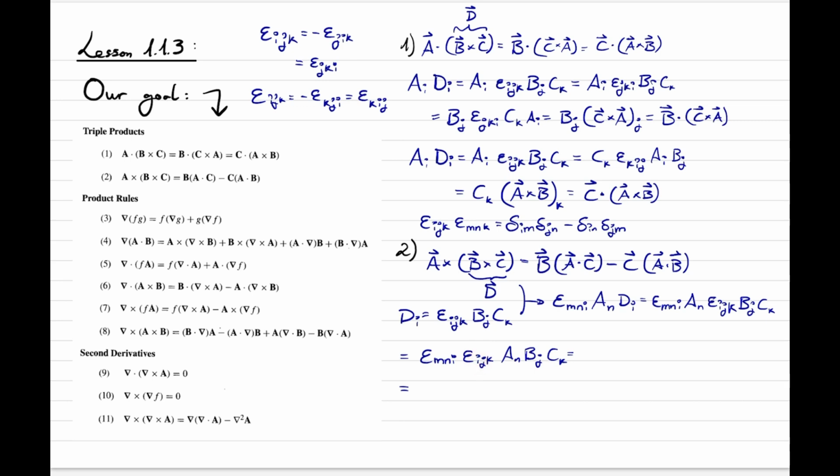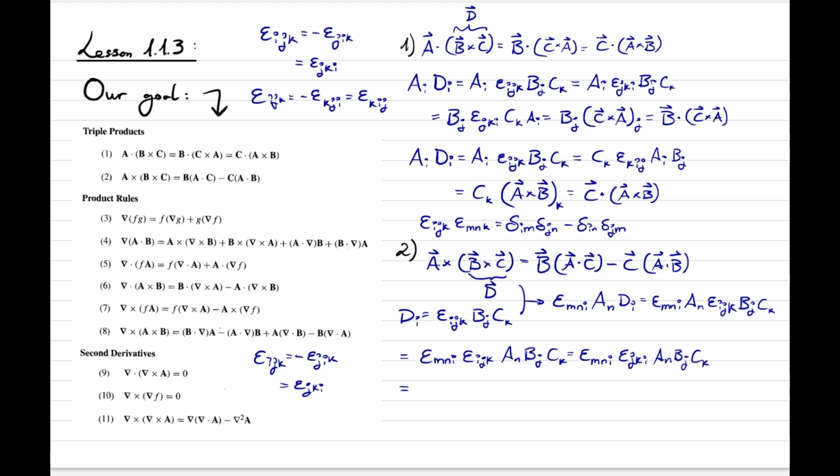So what we have to do is move it to the last one. We can do it by, for example, swapping the j with the i, and we have epsilon jik, and now we are going to swap the i with the k. So we will have epsilon jki. So this is equal to epsilon mni, epsilon jki, an, bj, ck.